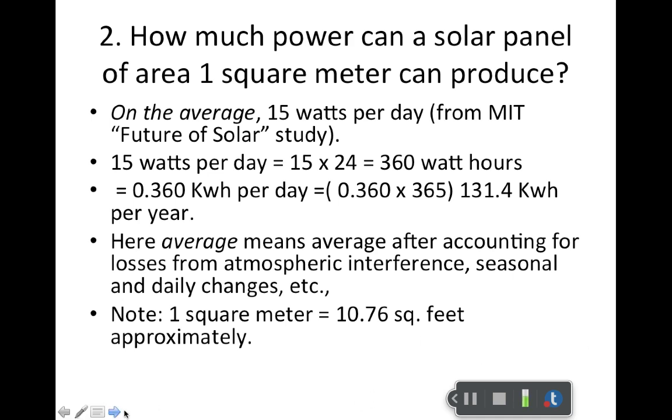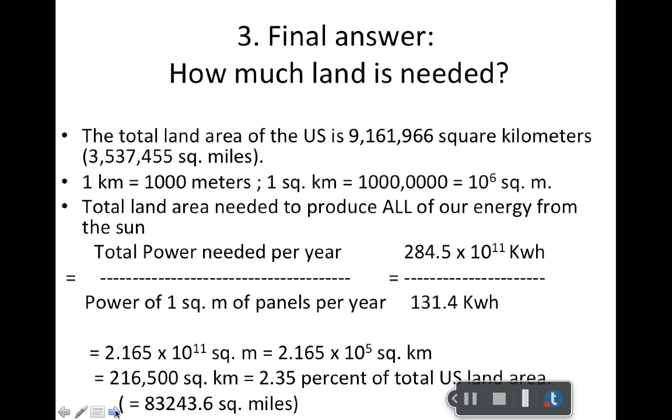All right, so we now know how much power we can produce using 1 square meter of solar panels, and we also know the total amount of power or energy that is needed per year. This is from the NREL, the Renewable Energy Lab website.